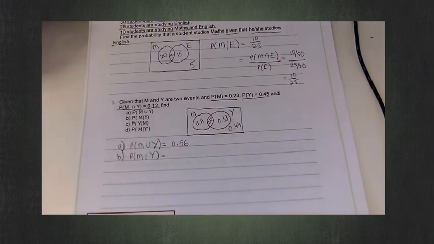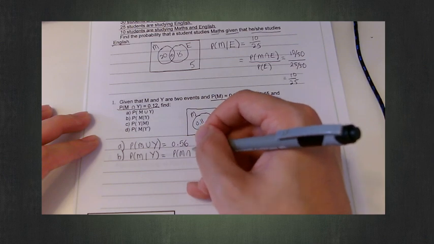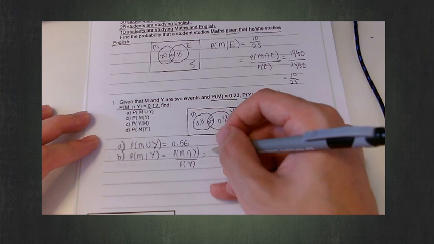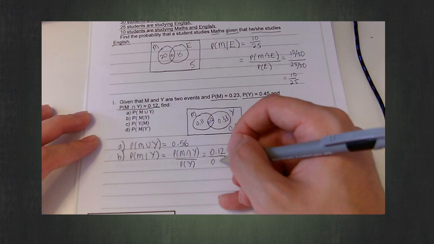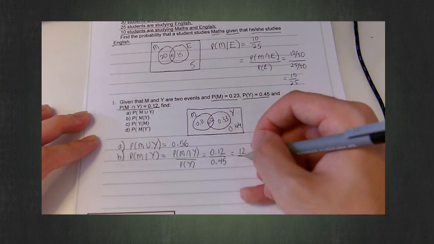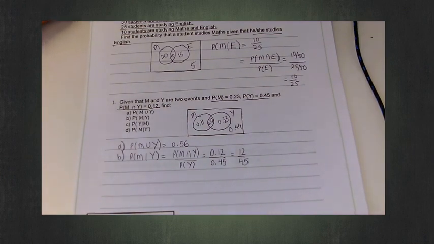Again, I could use my formula to do this as well. So probability of M and Y over the probability of Y. And I know what the probability of M and Y is. I know what the probability of Y is. 12 over 45. Okay, so that's the answer for those two.